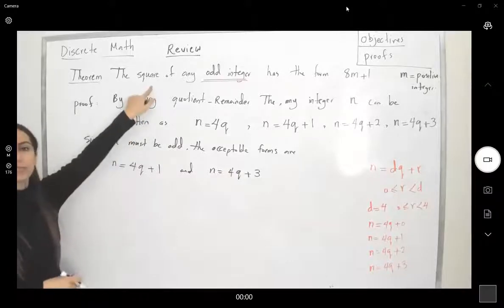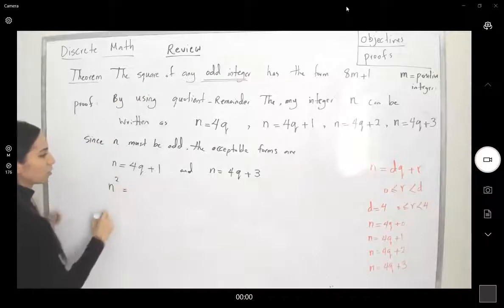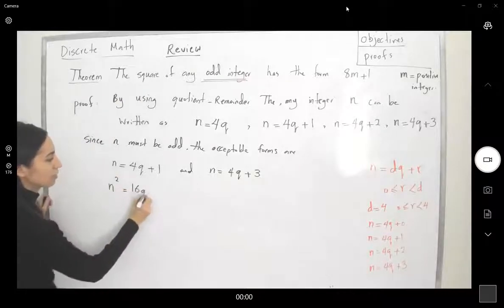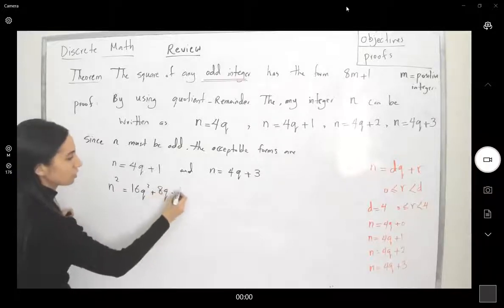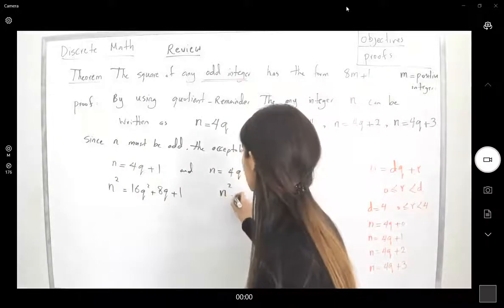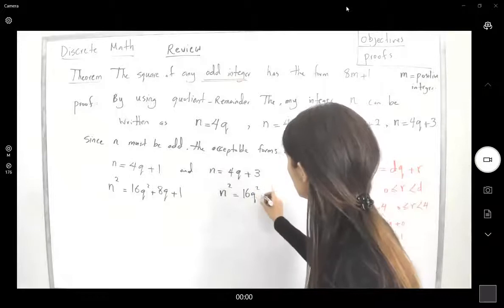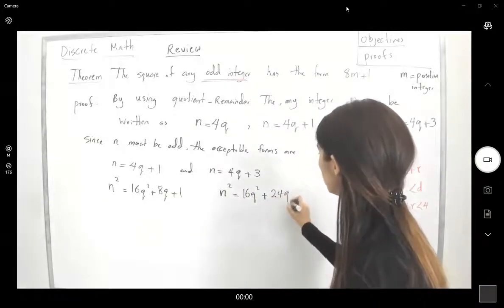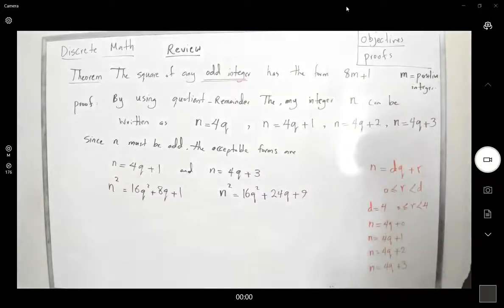Then the theorem says square it. n squared is equal to 16q squared plus 8q plus 1. And if I square this one, I get n squared equals 16q squared plus 24q plus 9. Very well.